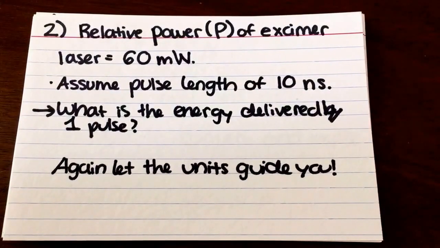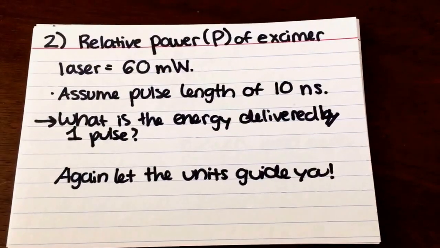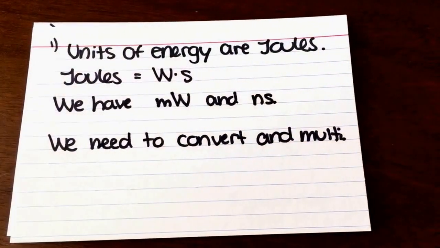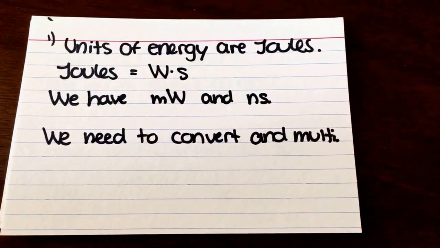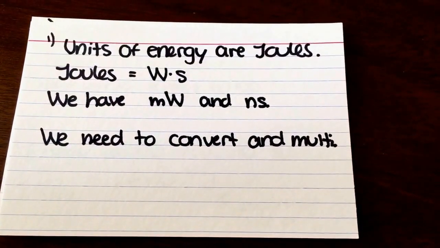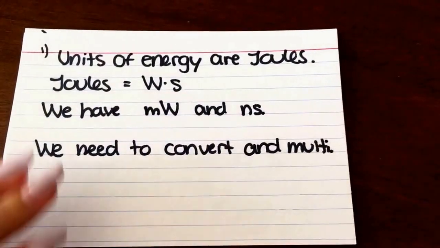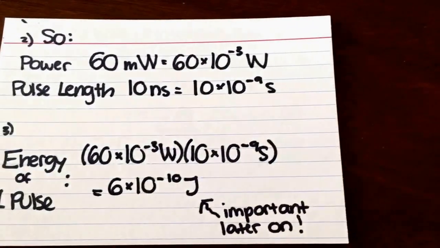Again, we're just really looking at units. And so what are the units of energy? Anybody remember? They are joules, and joules are watts times seconds. We have milliwatts and we have nanoseconds, so we have to convert them and multiply, and that will give us watts times seconds, which will be joules.